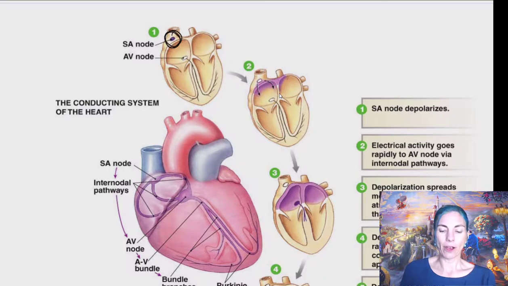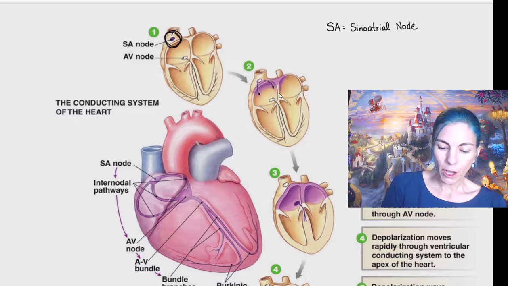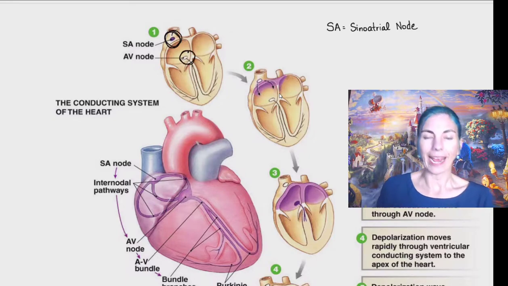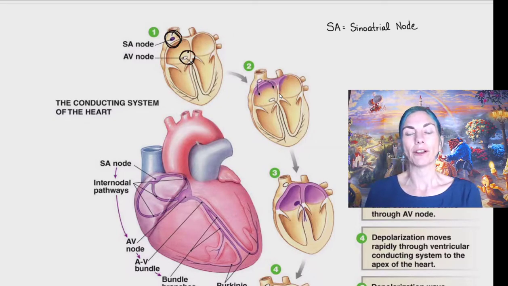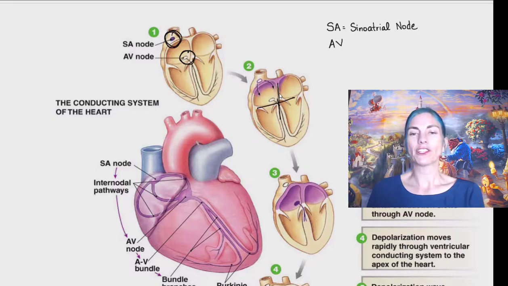The SA node is located in the right atrium, and SA stands for sinoatrial, whereas the AV node, and AV stands for atrioventricular, is going to be located closer to where all four of the chambers meet.